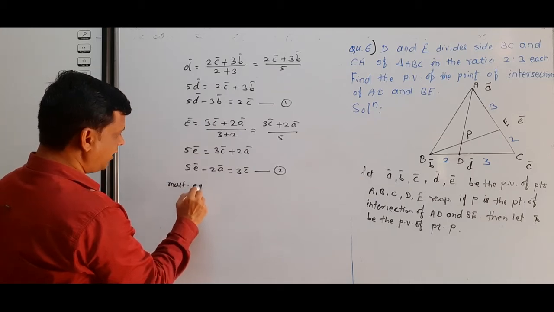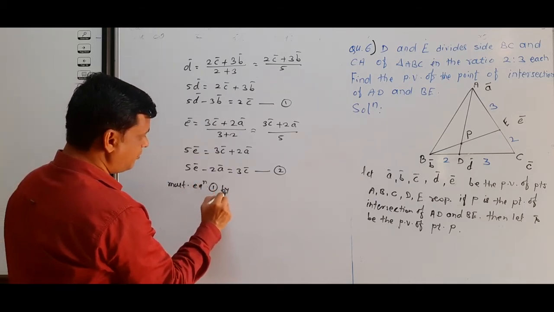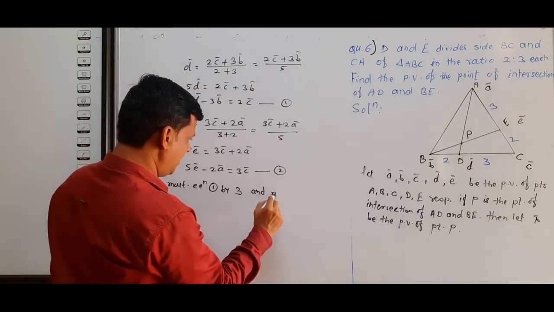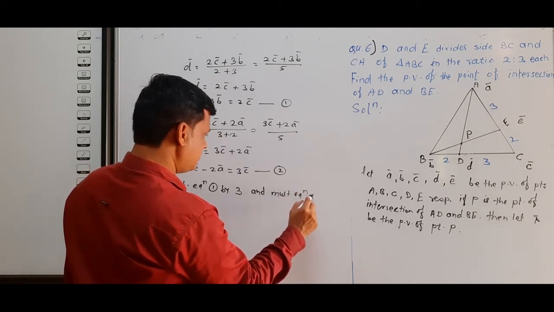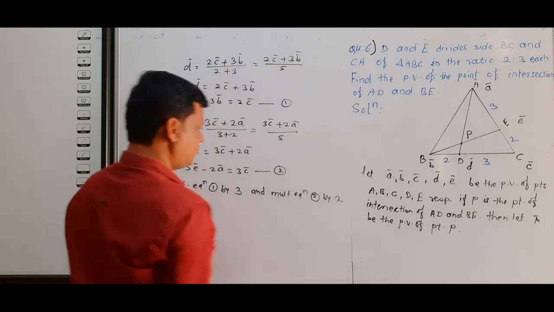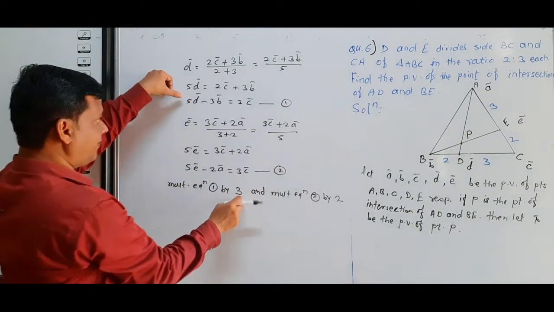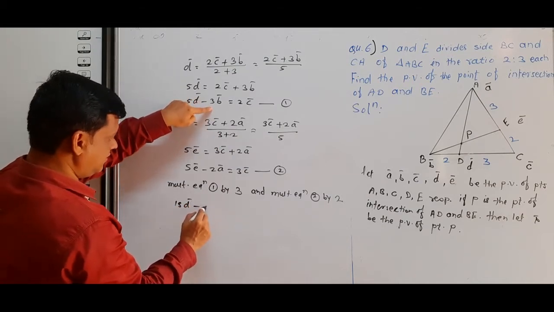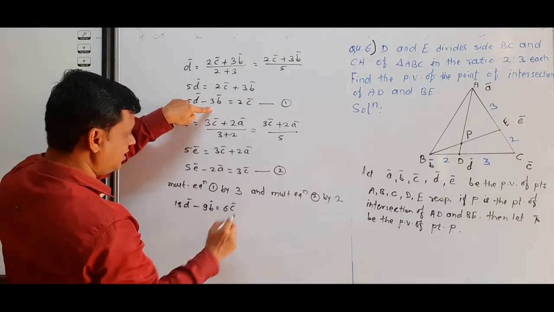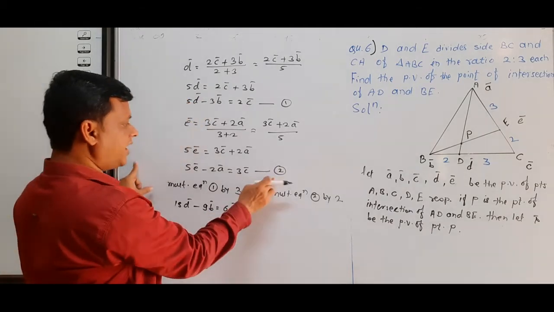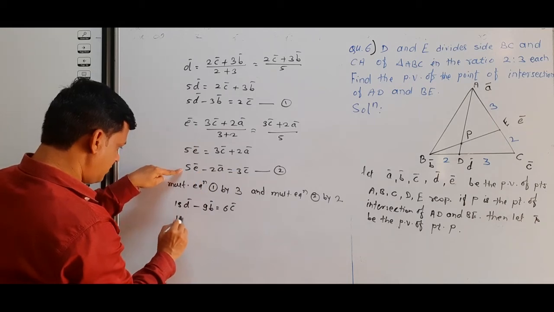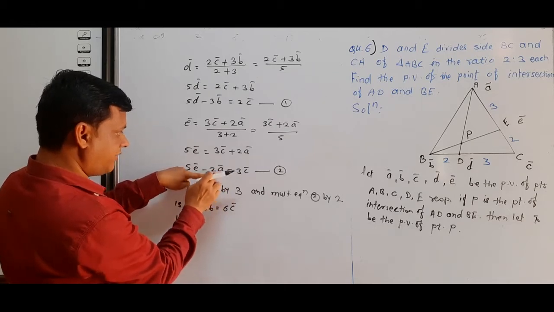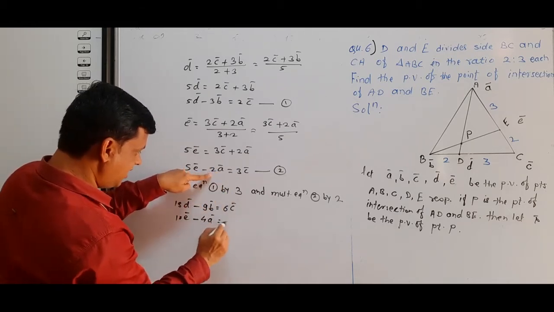After multiplying equation 1 by 3, we get here 15D bar minus 9B bar is equal to 6C bar, and multiplying equation second by 2, we get here 10E bar minus 4A bar is equal to 6C bar.